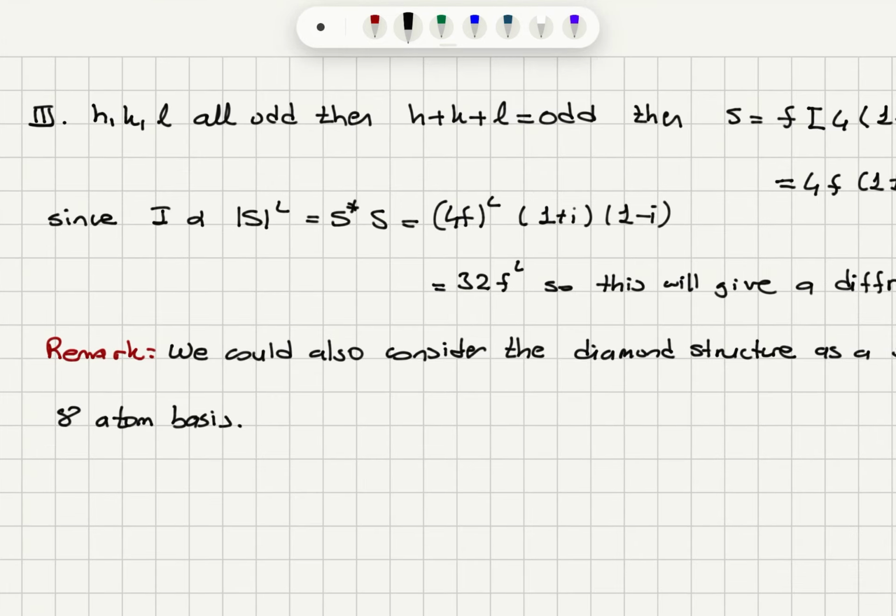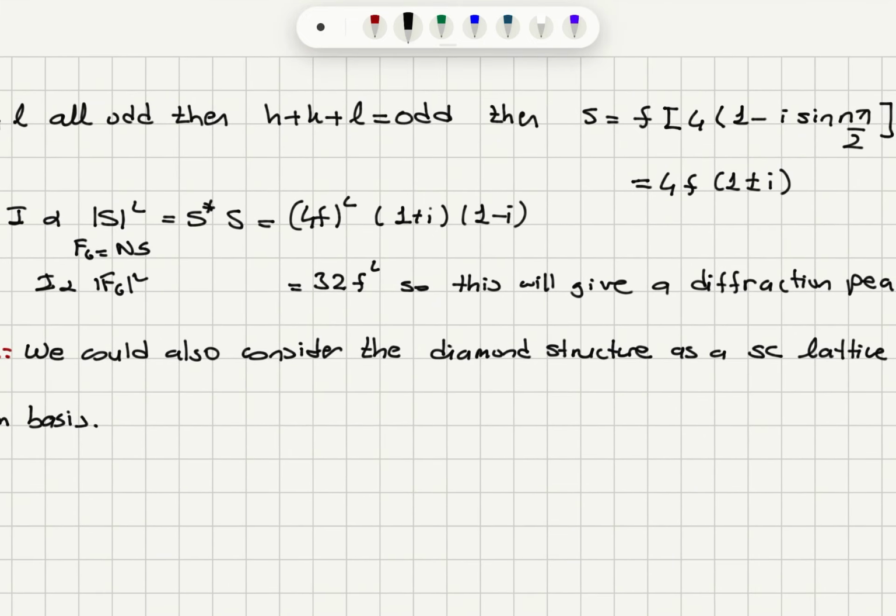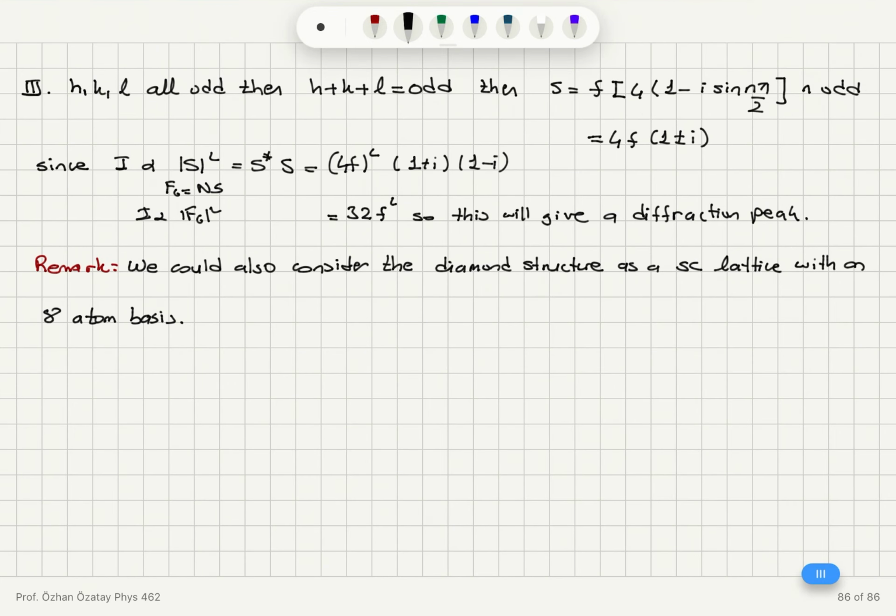So if I look at the intensity, since it's proportional to the absolute value of the geometrical structure factor squared, it's actually, F_g is n times s, so intensity is actually proportional to F_g squared. Anyway, so this will give me s star times s, so it's 4f squared multiplied with 1 plus i, 1 minus i, so that will give us 32f squared. So this scenario, when h, k, l are all odd, will give me a diffraction peak.